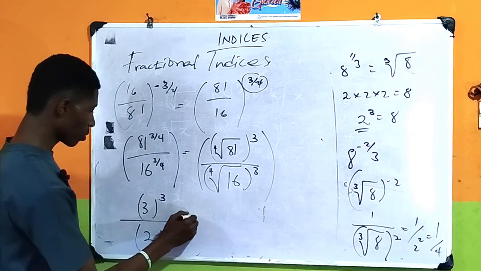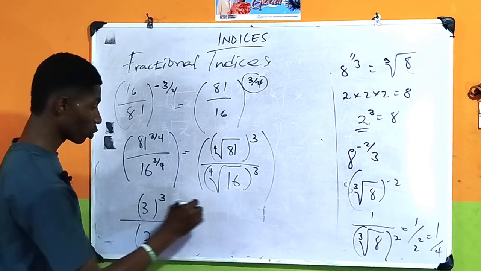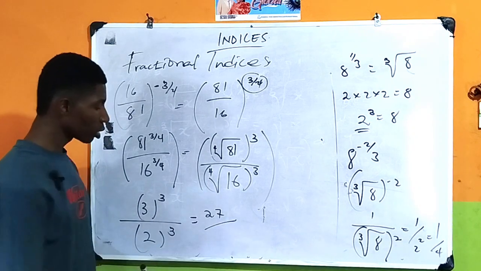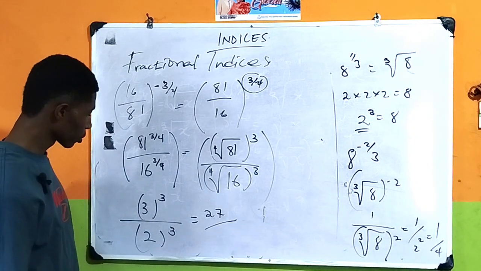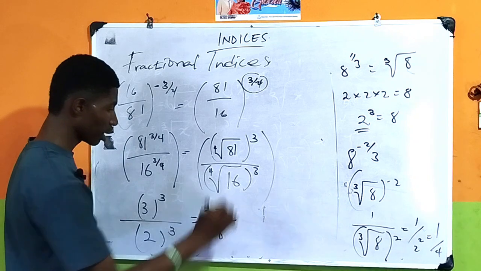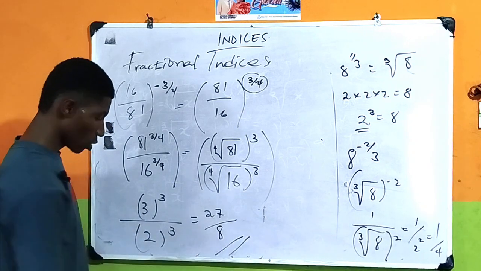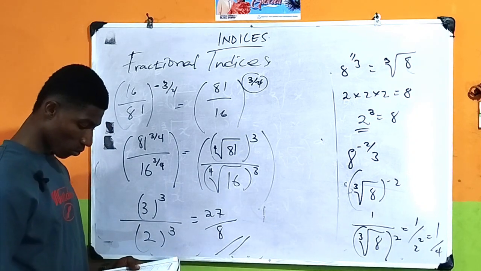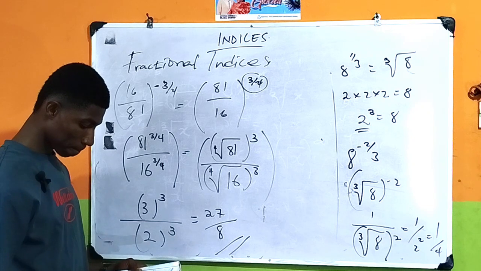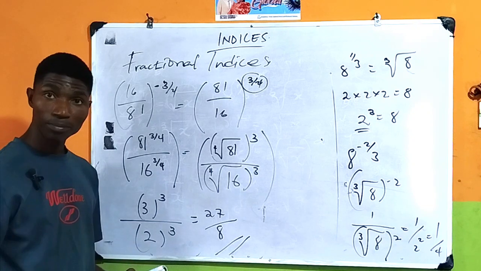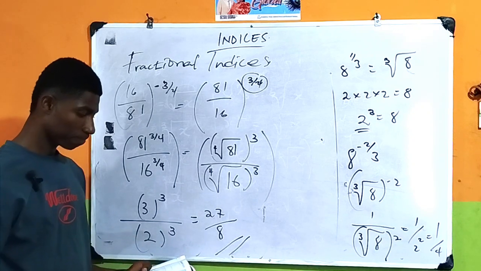So 3 power 3 is equal to 27, and 2 cube is equal to 8. So our final answer is 27 over 8. Hope it's clear. Yeah.